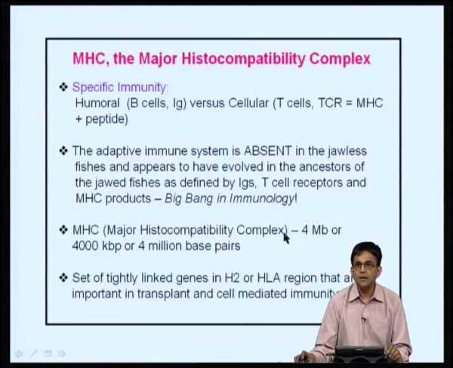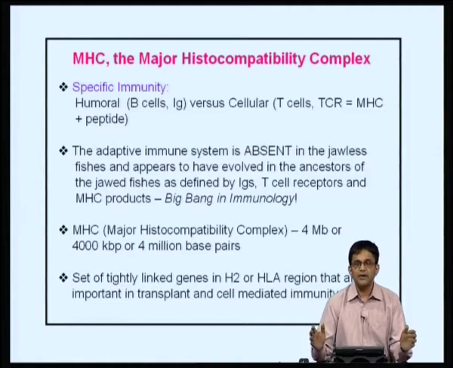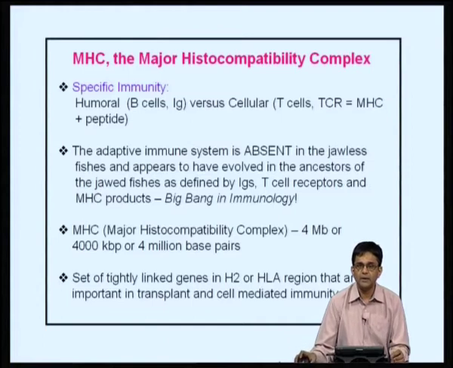The MHC complex, or this loci, as I mentioned, is an extremely gene dense region, and it encodes about 4 million base pairs. So, it is a fairly large part, in terms of genetic localization, because there are so many genes that it encodes, and several of these genes play an important role.